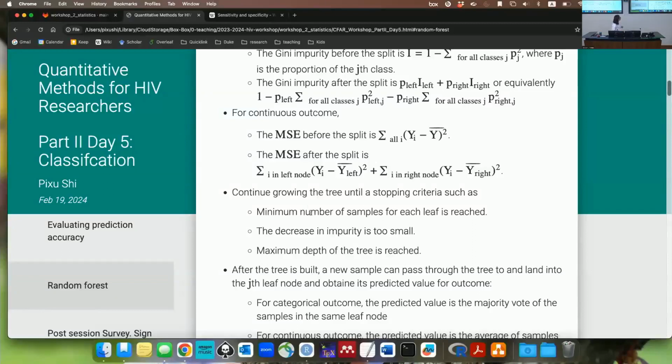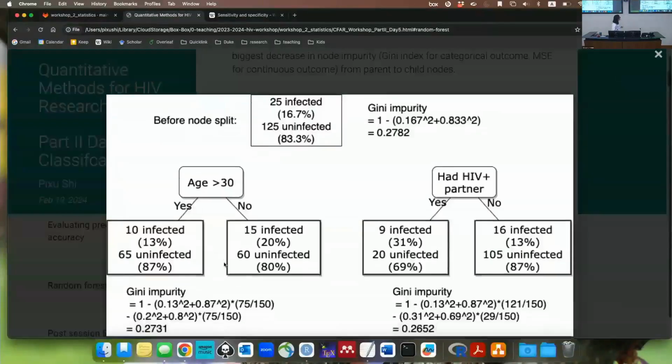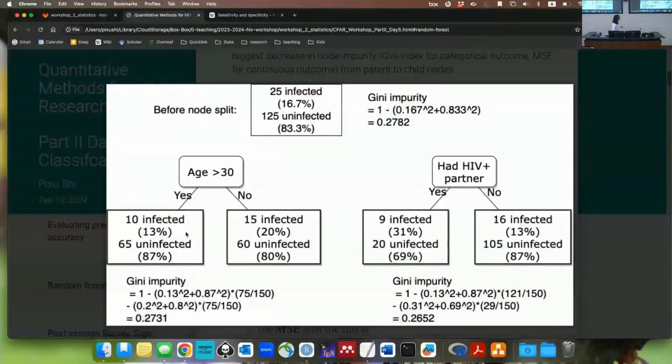For this specific toy example, we're using classification as an illustration for the tree node split. If you have a continuous outcome, you will not calculate the Gini impurity. Instead, you will calculate the mean square error.